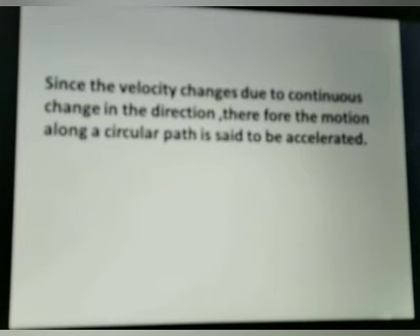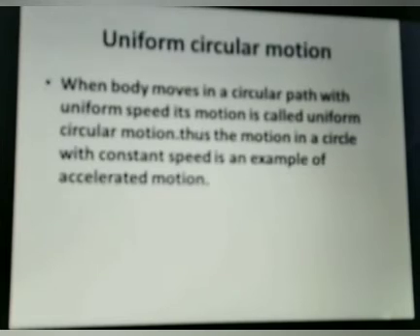Since the velocity changes due to continuous change in direction, the motion along a circular path is said to be an accelerated motion. When a body moves in a circular path with uniform speed, its motion is called uniform circular motion. Thus, the motion in a circle with constant speed is an example of accelerated motion.